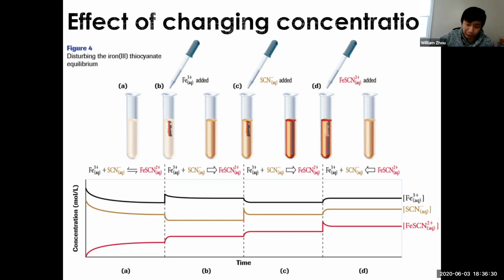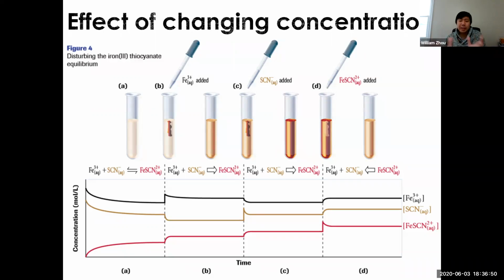Because now you're increasing the iron thiocyanate ions. So now you force the equilibrium to shift to the left because Le Chatelier will want to decrease that again. If you decrease the product, you favor the reactant, you produce more reactant, which has a lighter color. That will actually make it lighter.